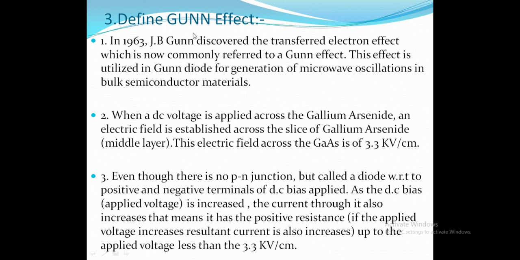This effect is utilized in a Gunn diode for generation of microwave oscillations in a bulk semiconductor material.